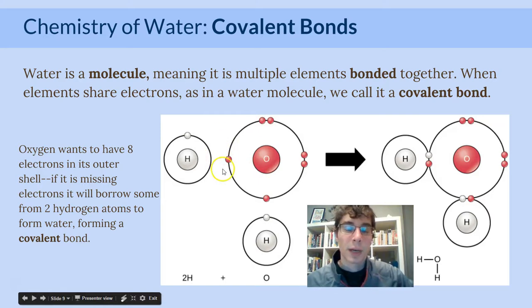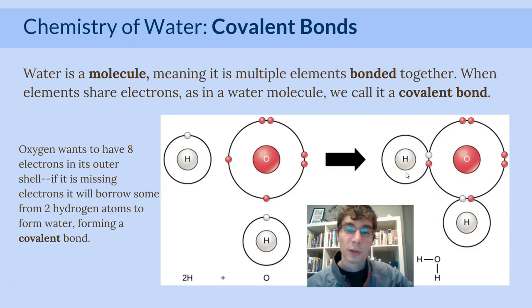And it creates one bond with hydrogen here, and then another bond with hydrogen here. And now we have 8 electrons all in this valence shell right here. And those are covalent bonds. Oxygen now has its valence shell full, and hydrogen also has a full valence shell, and they're very happy by sharing. Turns out that something a little bit interesting happens when this bond occurs, though.